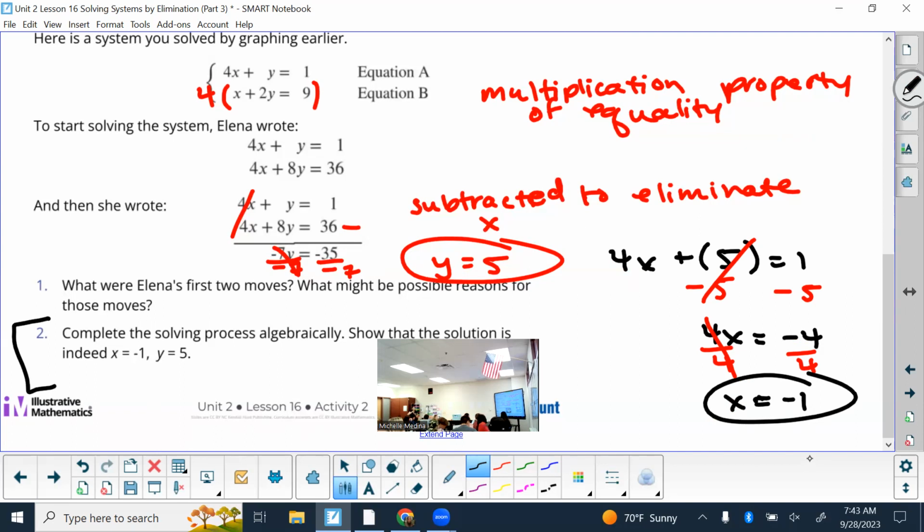All right, so I passed out a card sort to each group. What you're going to do is look at steps of how someone solved by elimination. So on your test, this is prepping you for your test. You will have a problem given to you, and even though that might not be the way that you choose to solve it, you still have to figure out what the correct steps would be.